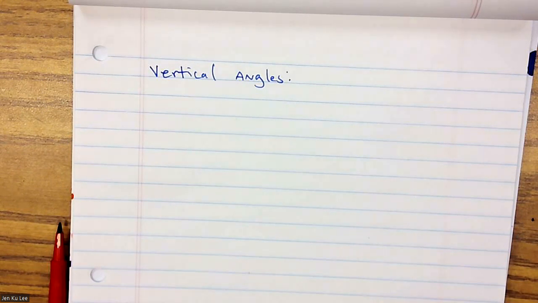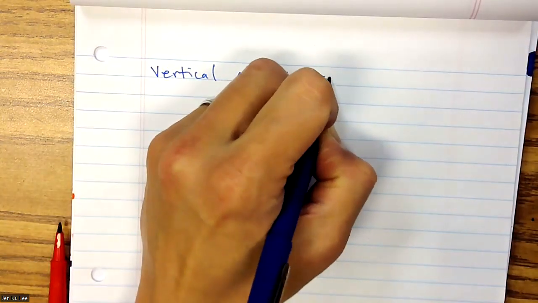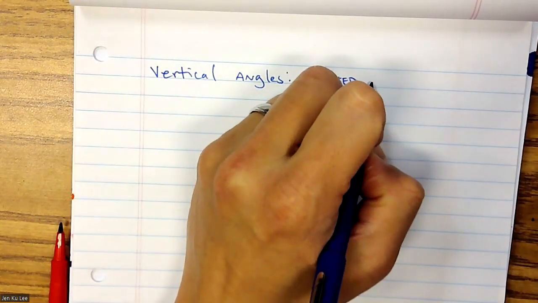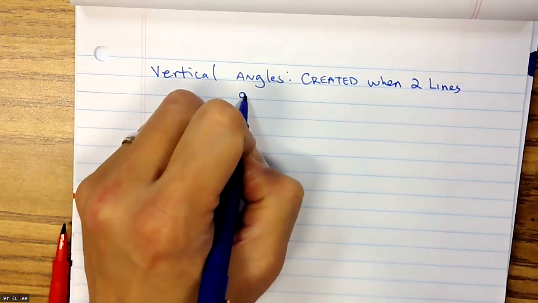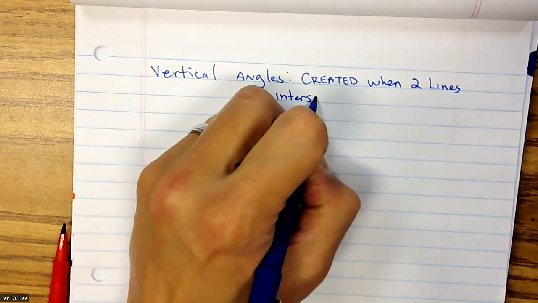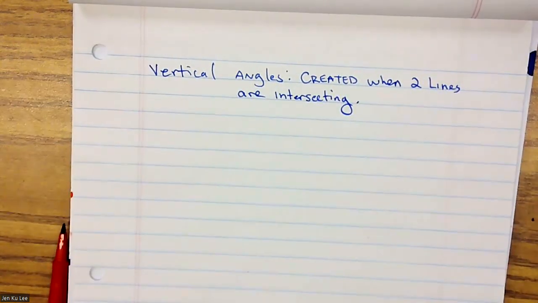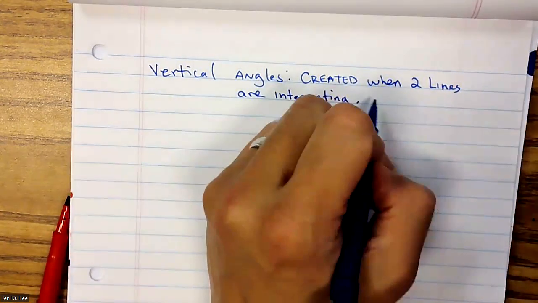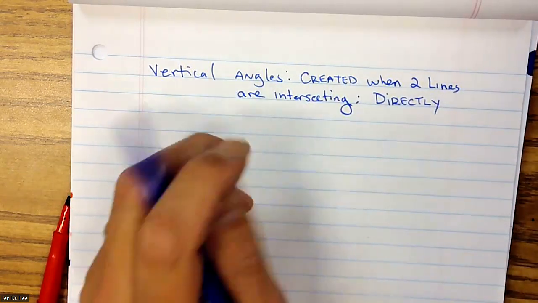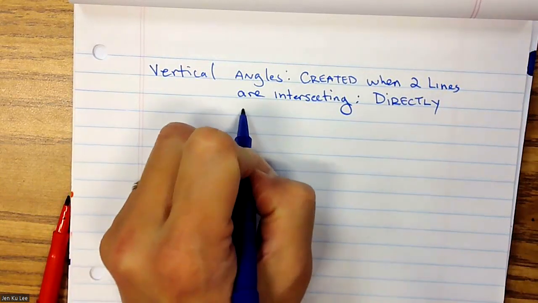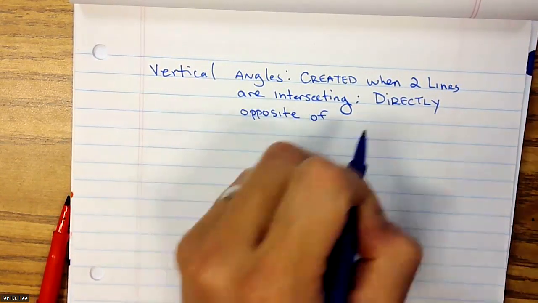Vertical angles are angles that are created when two lines are intersecting, and they are directly opposite of each other.